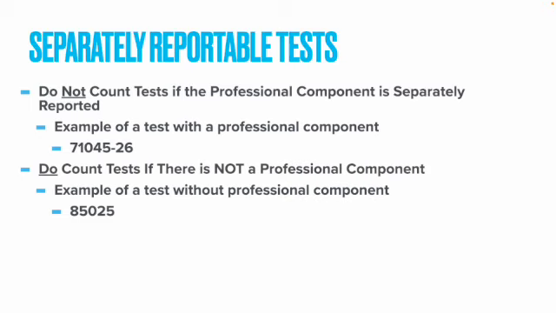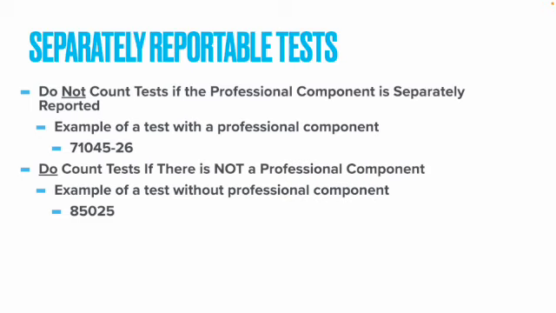You can count tests if there's not a professional component. A lot of people may struggle with this, and I will tell you, when these guidelines first came out, I struggled with this. Lucky for me, I had some really great people around me that got me straight. But for codes like labs, like the CBC 85025, the basic metabolic panel 80048, a lot of the labs that you are going to see in the clinic a lot, your provider can bill those labs as long as they do not have a professional component.